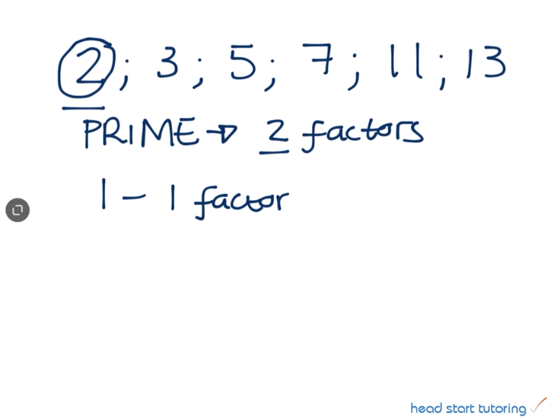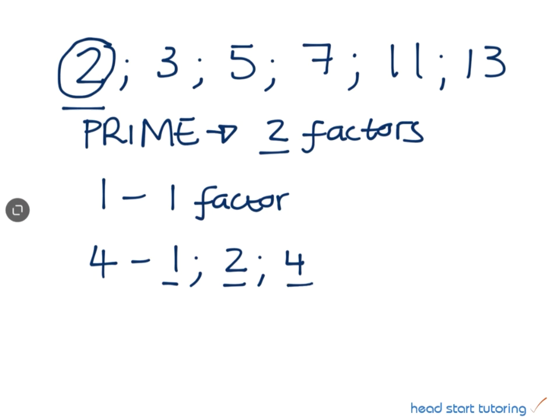It is also your only even prime number because any other even number will have 2 that can fit into it along with that number and 1. So for example, 4 has 3 factors. It has 1, 2, and 4. 1 fits into 4, 2 fits into 4 perfectly, and so does 4.